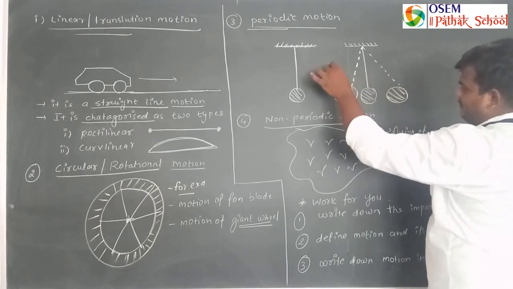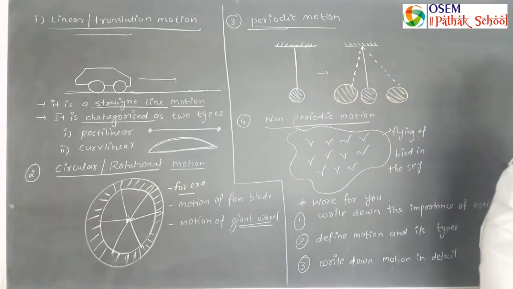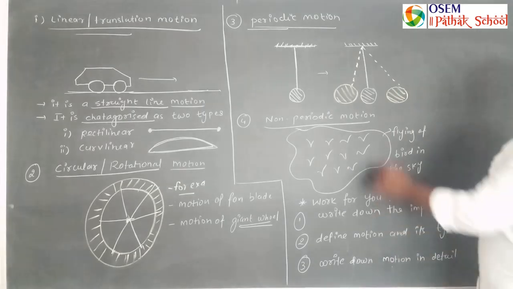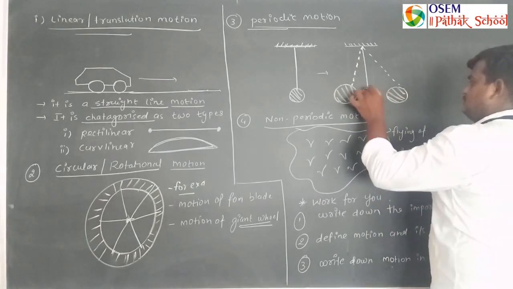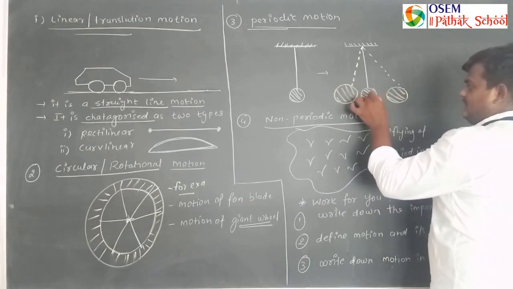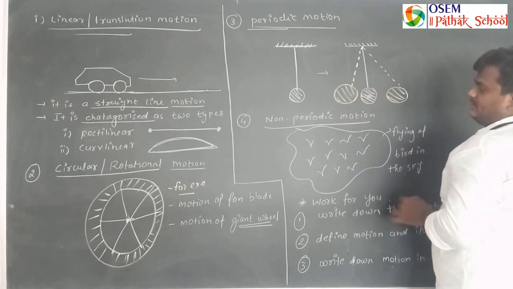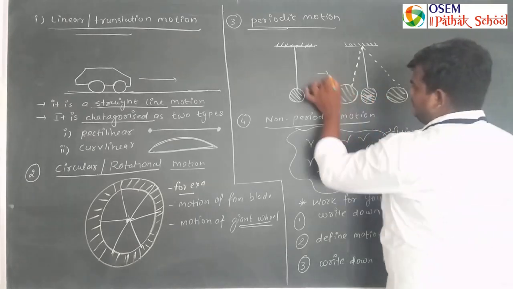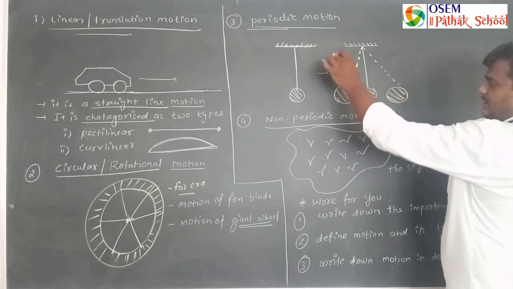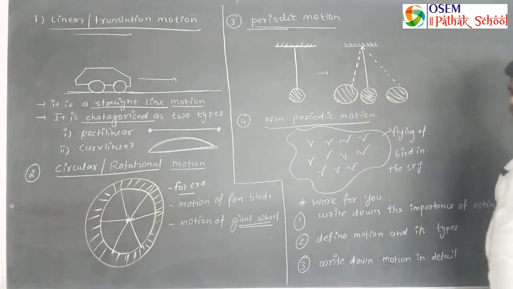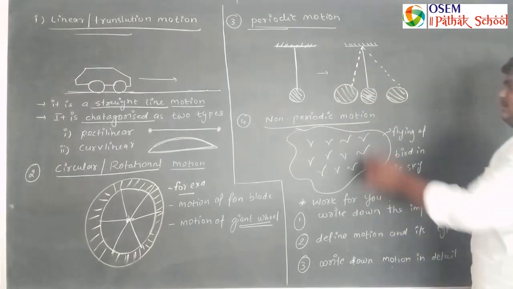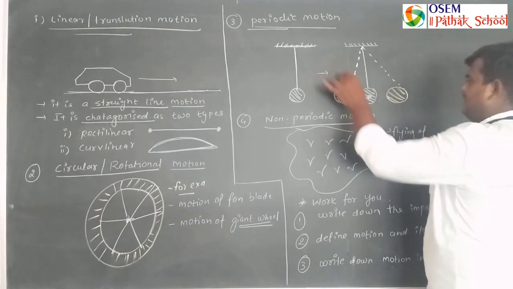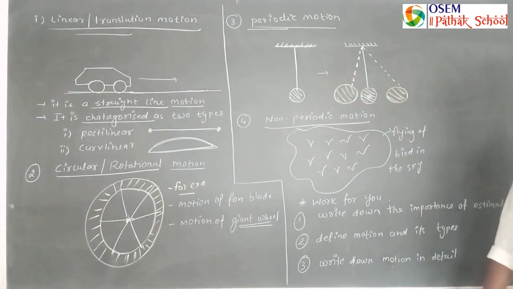These types of motions are considered periodic motion. With respect to this point, the ball is moving continuously around an axis, or it is doing oscillation, we can say. This is an example of periodic motion.